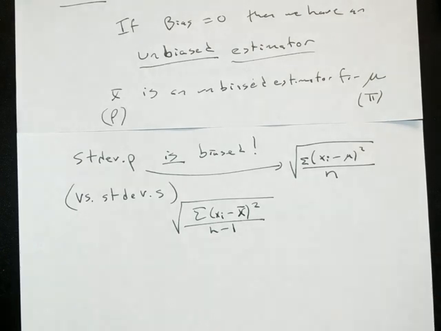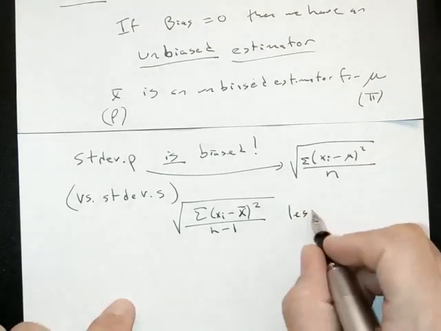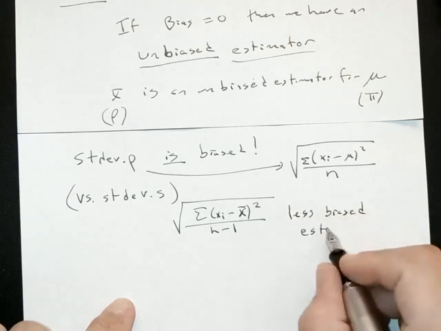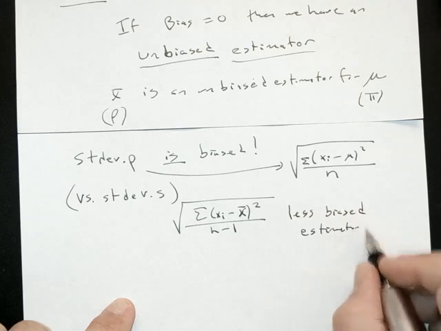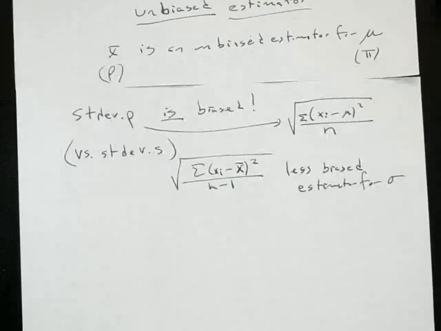This is a truer, less biased estimator. So it depends on which thing we're trying to compute as to how we do it.